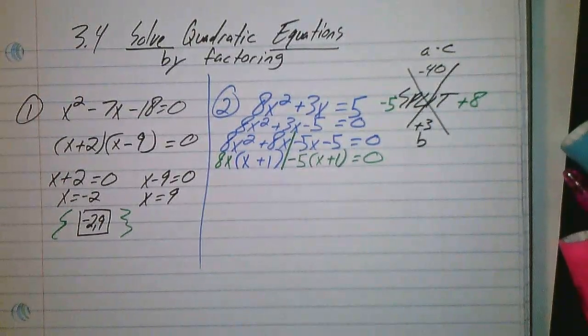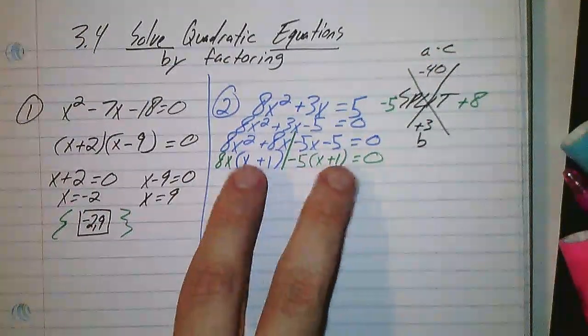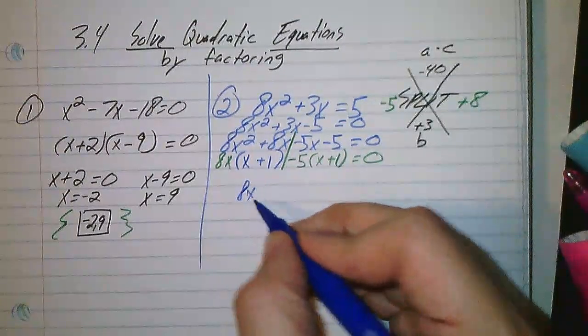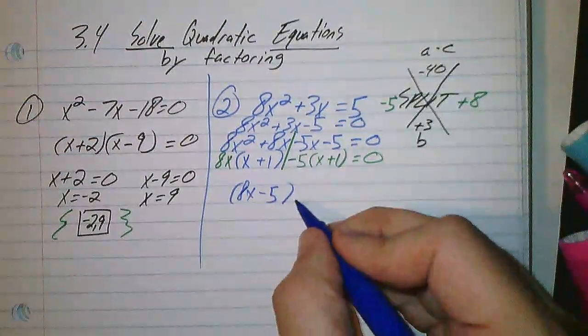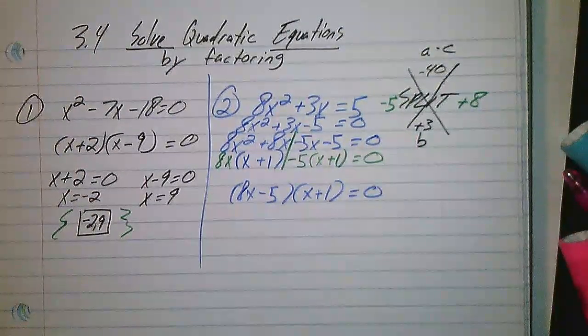So we take our two factors, put them together as a binomial. The x plus 1 we write once. And now we just solve to get x by itself.